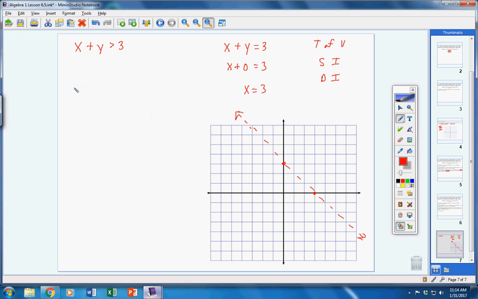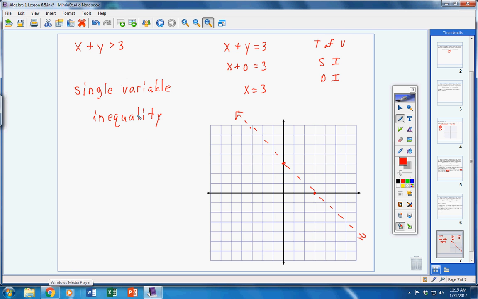In the last two problems, we had what? Not this problem here. The last two problems, we had what? Single variable inequalities, correct? The first inequality had an x only. The second inequality had a y only, correct?